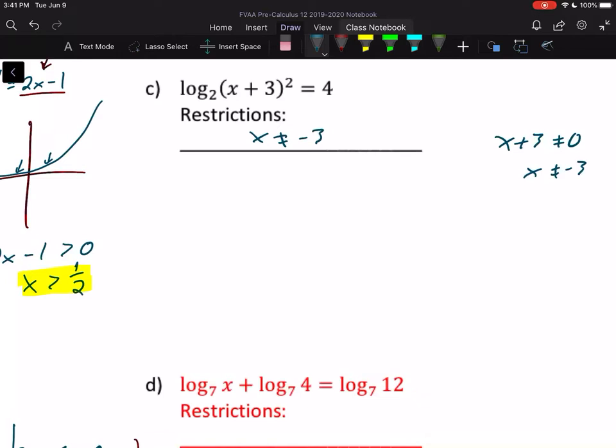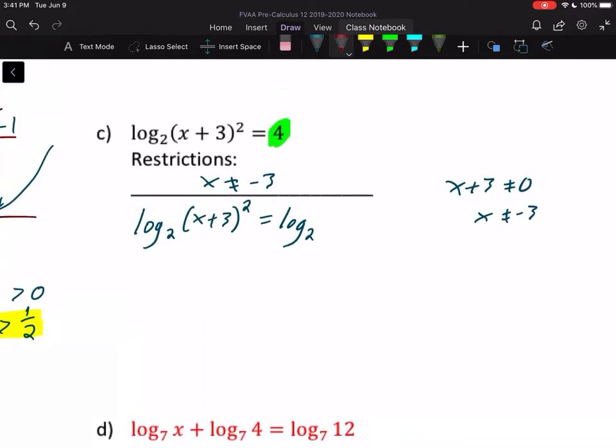All right. Let's go from there. Log base 2 of x plus 3 squared is equal to, now again, you're looking to change this 4 to a log that has a base 2. So here, log with a base of 2, and you can always return it to exponential form, what would equal 4 in this situation?